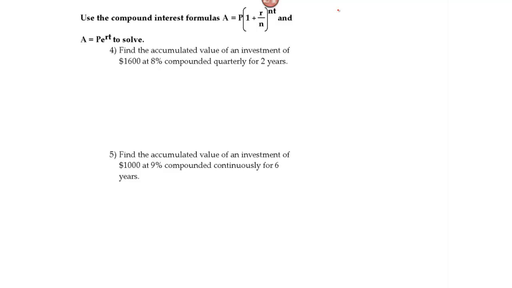As far as formulas go for your blue sheet, I'm okay with you writing here what these letters mean. So P is the money that you're putting in. P for putting. R is the interest rate, and make sure you change that to a decimal. T is the number of years.